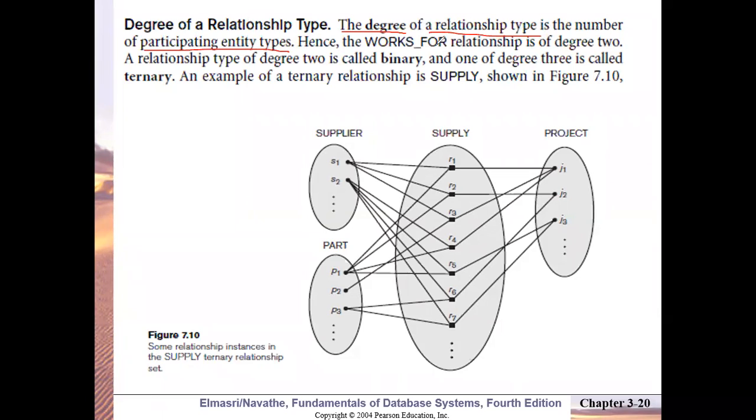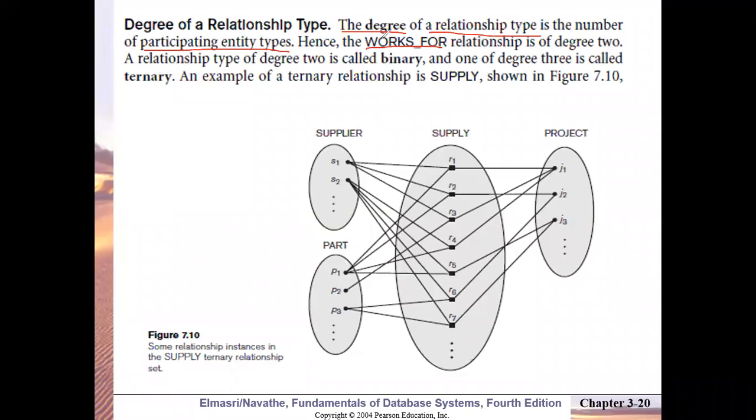For example, works for is a relationship between which two entities? Works for, do you remember? Employee and department. Very good. Employee is one entity type, department is another entity type. So it is a relationship between the two entity types.